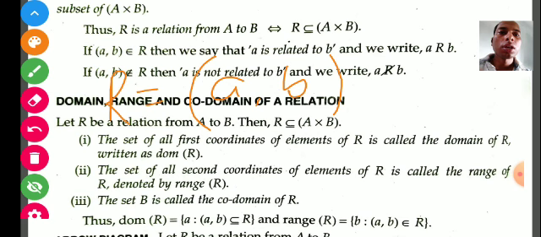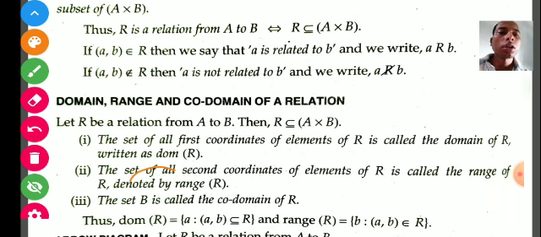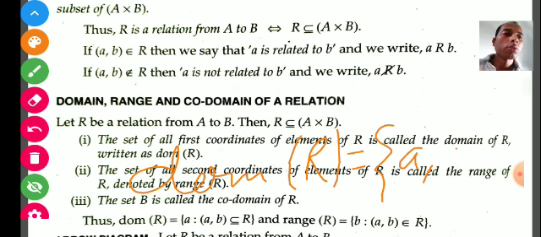The elements of R are all pairs, so if this is our relation R, then A and C will be the domain. So we can write DOM R equal to {A, C}.